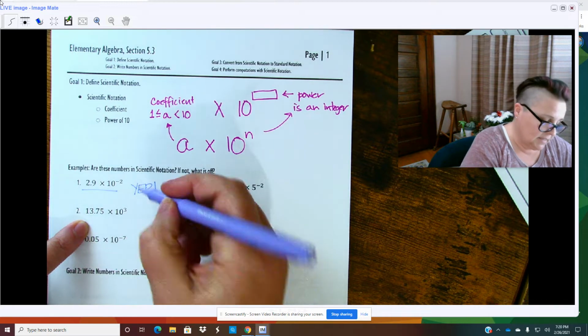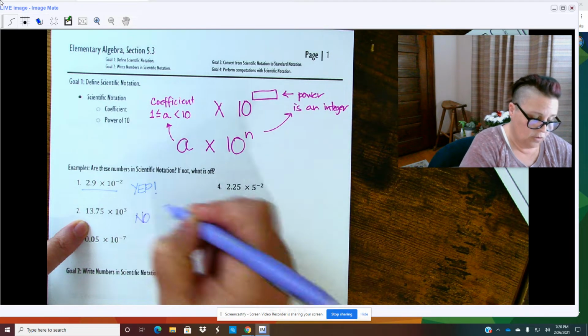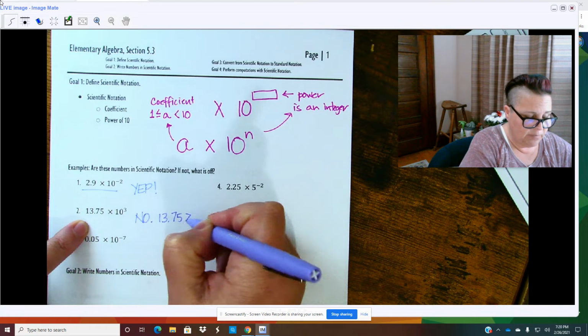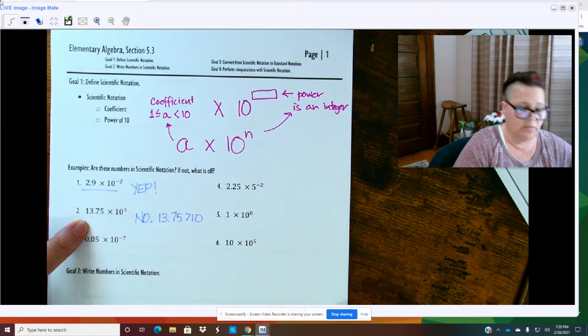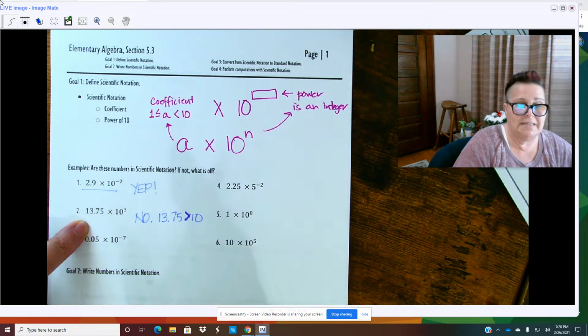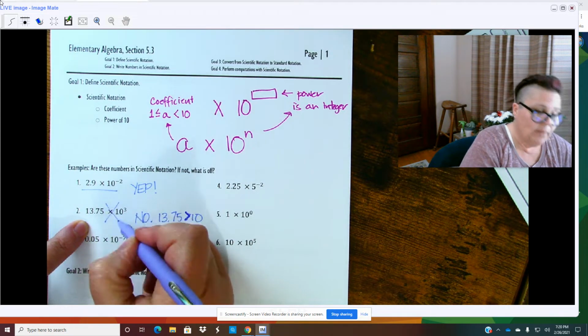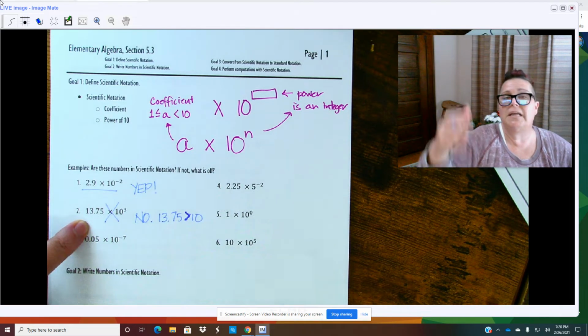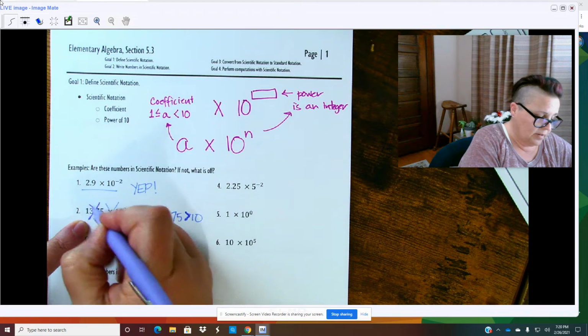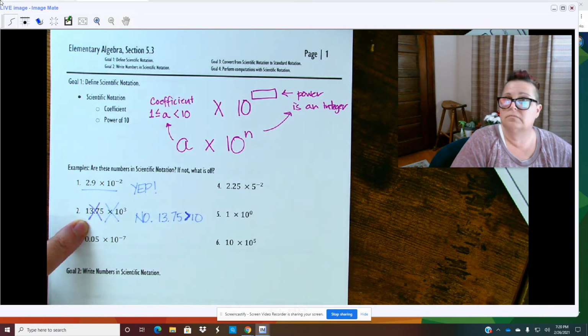So is this in scientific notation? No, it is not. Why? 13.75 is bigger than 10. It is greater than 10. So that means it is not in proper scientific notation. The times 10 to the third is good. It's just that this coefficient part right here, that's what ruined it for us.